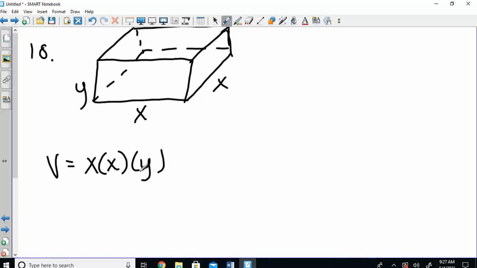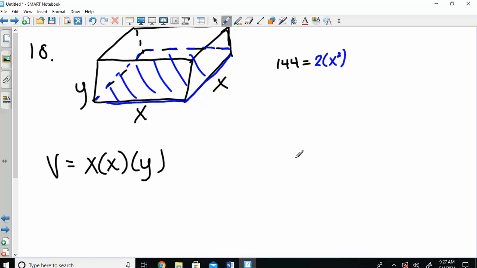I need to get rid of one of these variables before I do it. That's where the cost comes into play. So I have $144. The base, that's this bottom, costs me $2 per square foot. So to find the cost of that bottom, you do the area times 2. So 2 times length times width would be 2x squared. The top and the sides each cost $1.